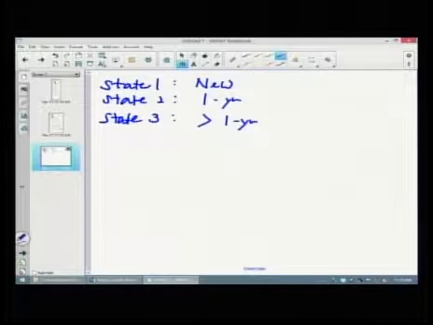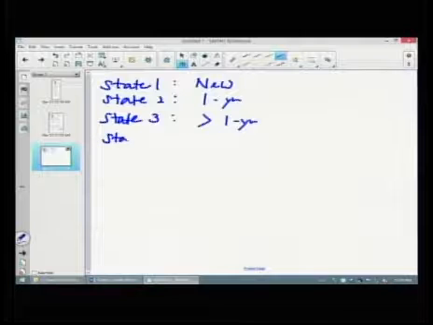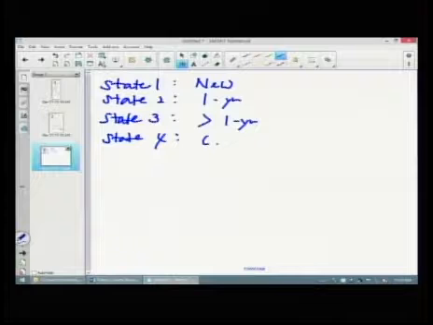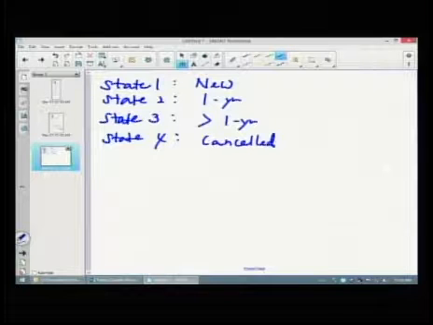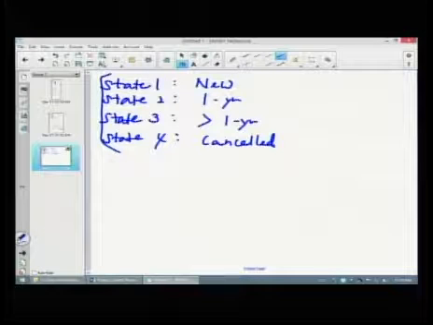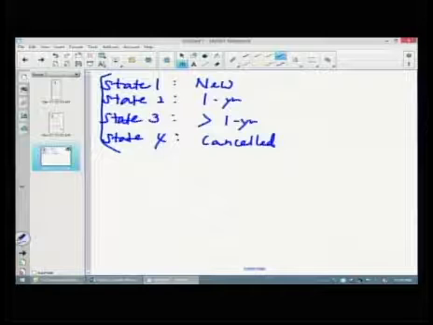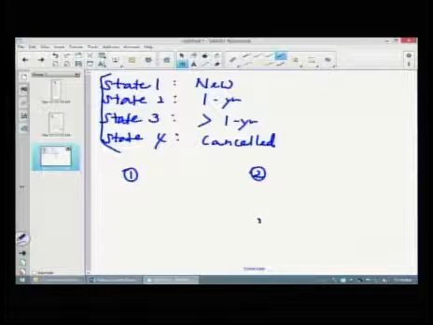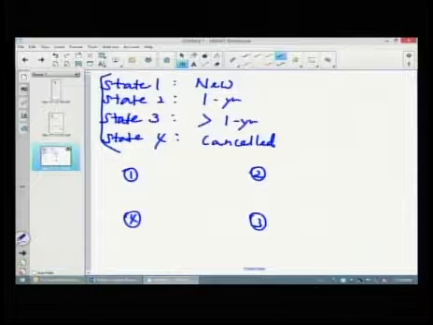And then the last state, number 4, would be, let's say, cancelled. So we're going to use these 4 different states. And we have 1, 2, 3, 4.